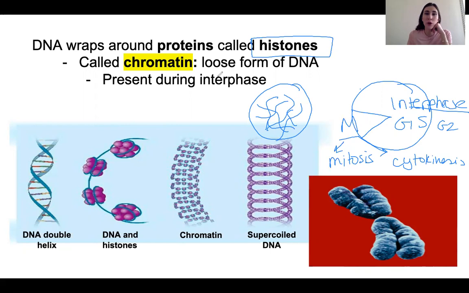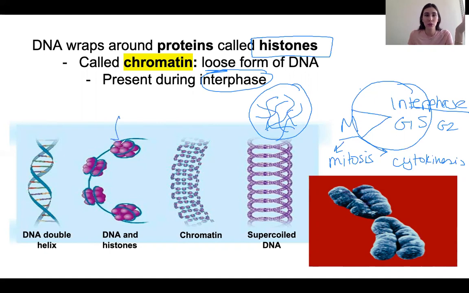This loose form of DNA is known as chromatin, all right? So when the DNA is in this loose, uncondensed form, preparing to divide, it hasn't really divided during interphase. It's known as chromatin. And chromatin can be associated with these specific proteins called histones.